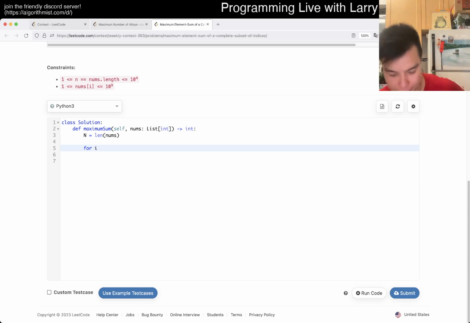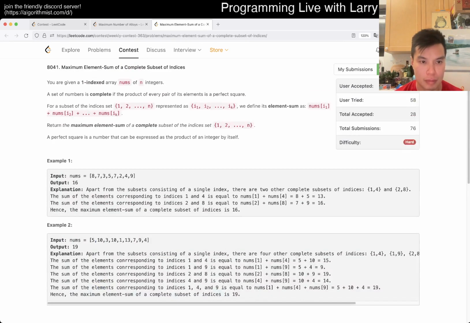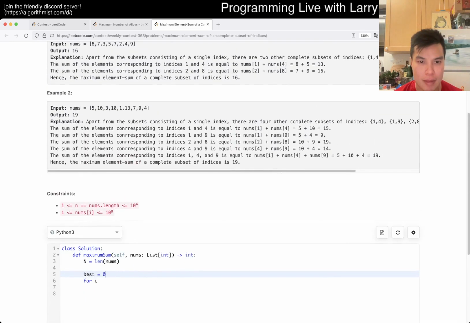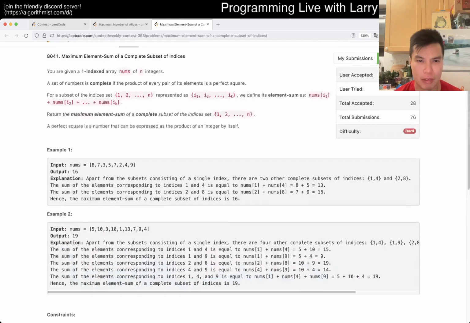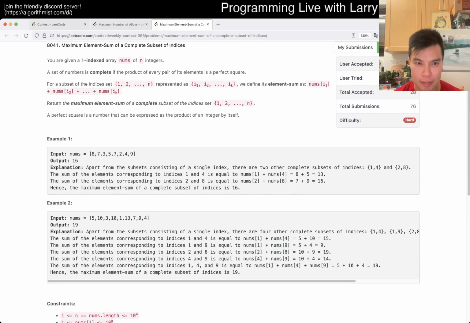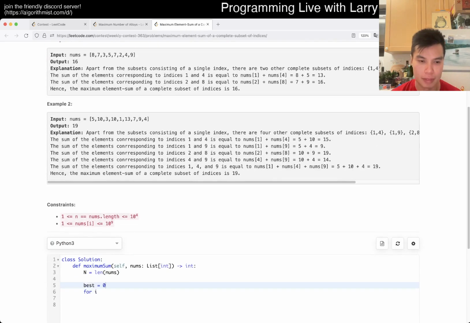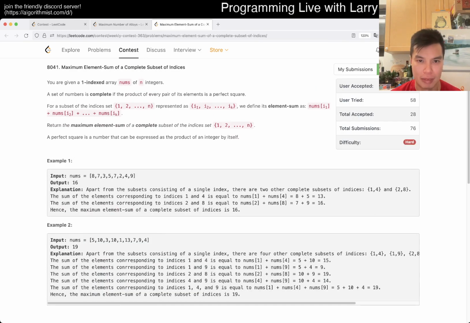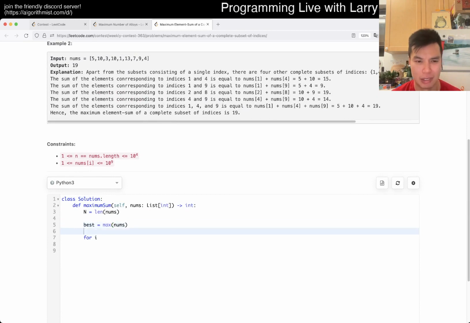Yeah, okay, fine. I don't even know what the answer is with n is equal to 1. I guess this is equal to max of nums, just one index number. Because technically every pair is a perfect square, right? I don't know if that's true, so we'll see.